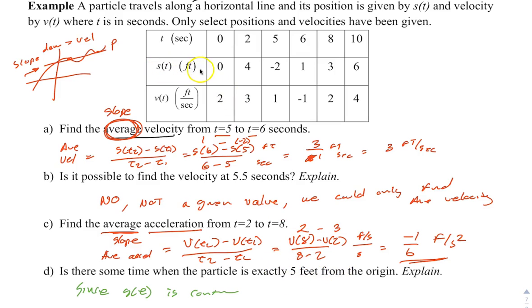So we're looking between 3 and 6, right? Since we can't skip values, if I go from 3 to 6 by IVT, I have to hit all the values in between. So between 8 and 10, f of 8 and f of 10, there'll be a time where the particle is exactly 5 feet from the origin.